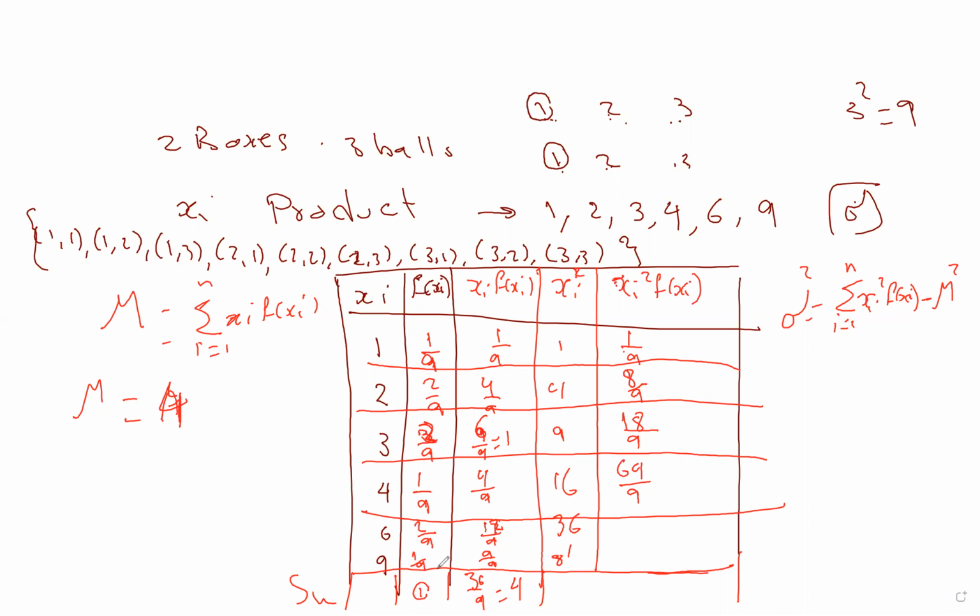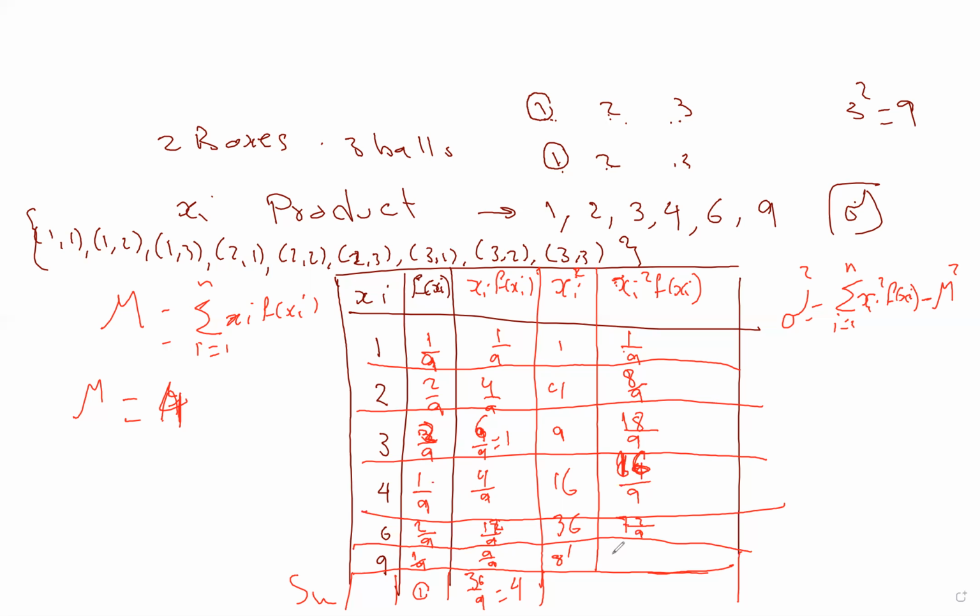Sorry, 1 times 16 will be 16 over 9. And 2 times 36 over 9 will be 72 over 9.